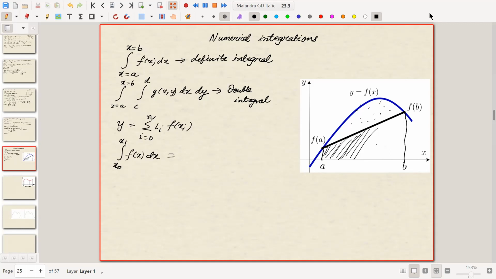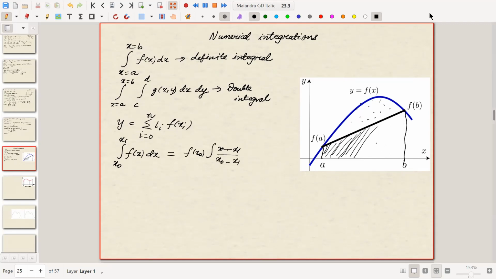You can just integrate it, right? f of xi will come outside because it will be a number. What will be integrated? The Li's, because they are a function of x. Li we just saw previously will be a function of x. So how can you write it? f of x0 will come outside, then you integrate L0, which will look like (x minus x1) by (x0 minus x1) dx.